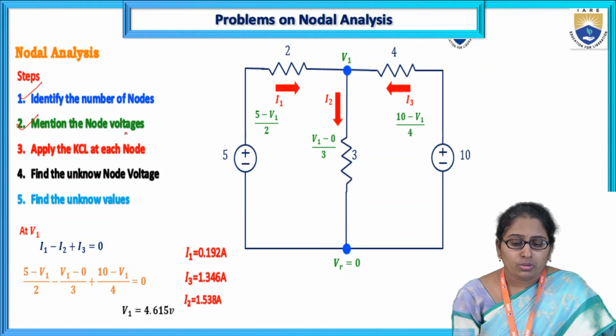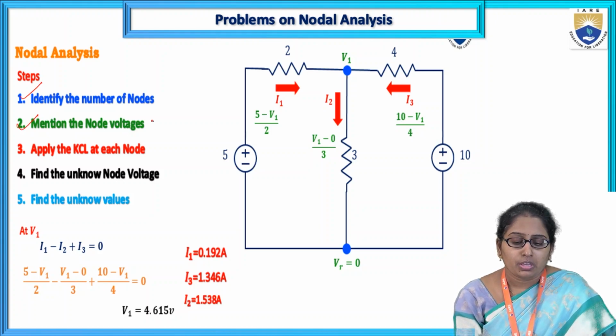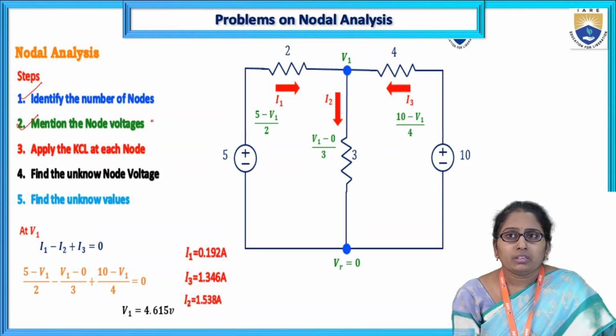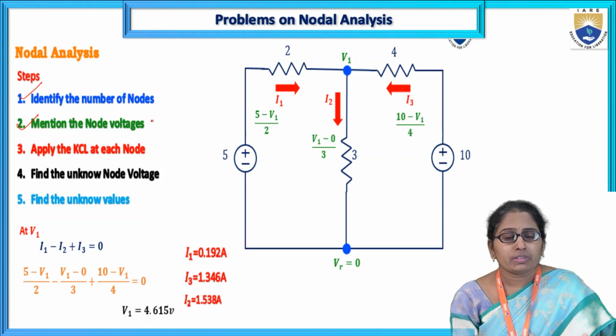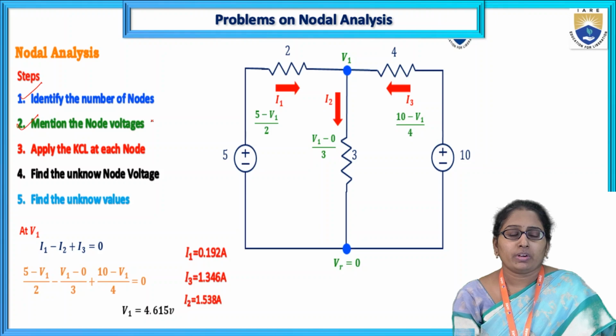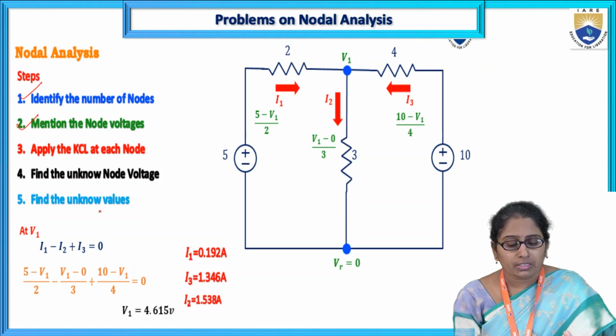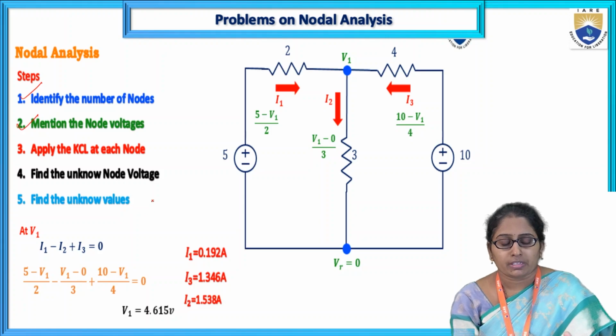And one node is the reference. If only two nodes are present in the given circuit, one node becomes the reference node and we only have node voltage V1. And next apply KCL at each node, find the unknown node voltages and then the unknown values of currents.